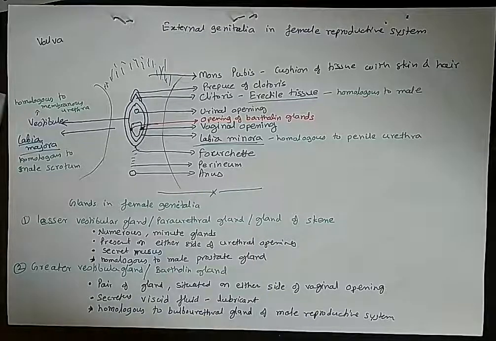So this is the description of the glands present in the female genitalia. Now we will see the breast part.